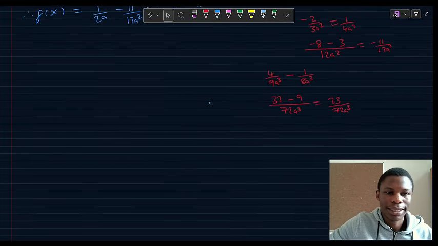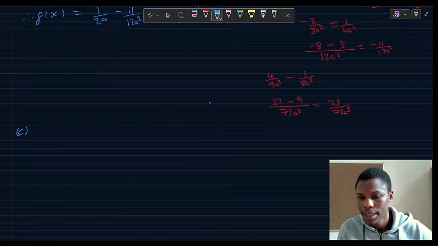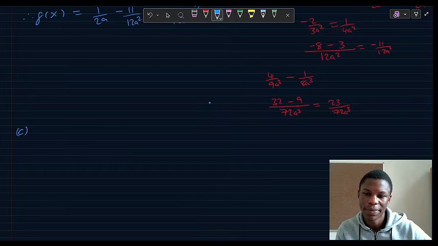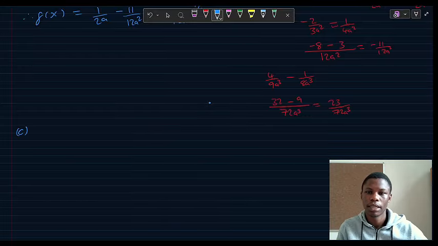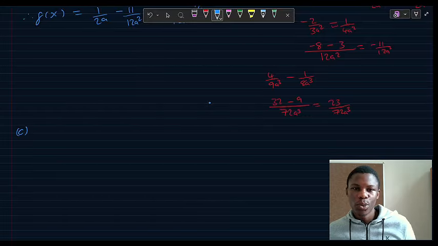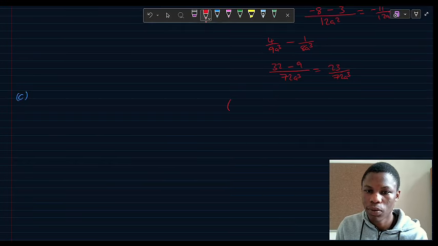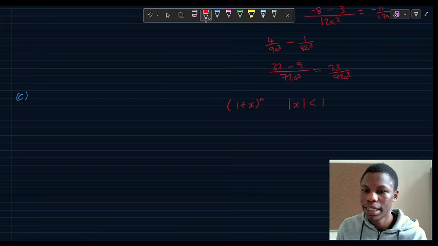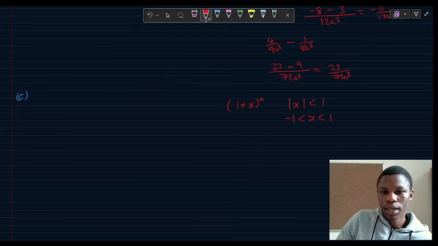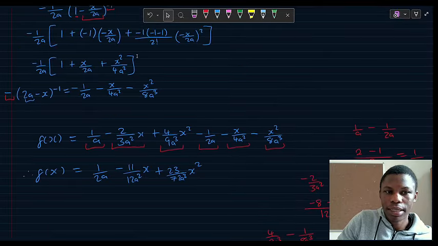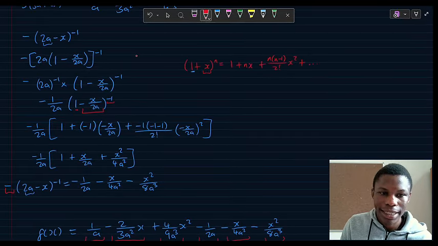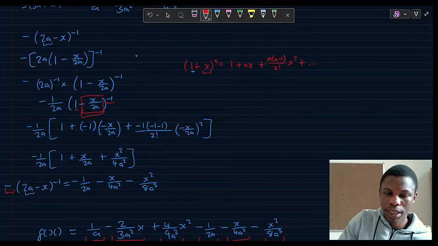Then part C goes on to say, state the set of values of x for which the expansion in part B is valid. So if you go back to the MF19, the binomial expansion formula we used in part B, the 1 plus x to the n formula, is only valid if mod x is less than 1, which means that x is between negative 1 and 1. So this is only valid if we used x as negative x over 2a.